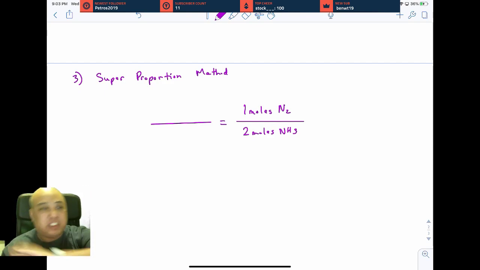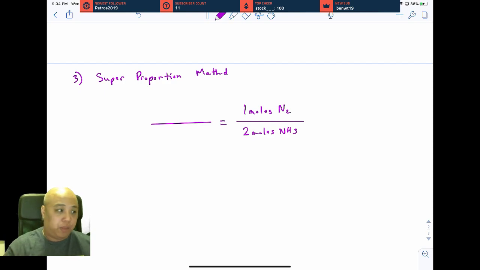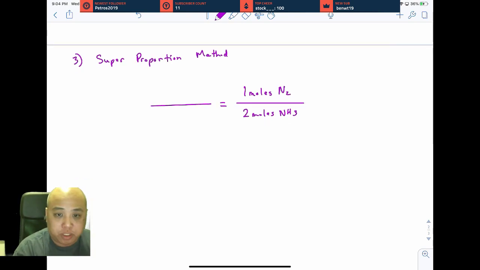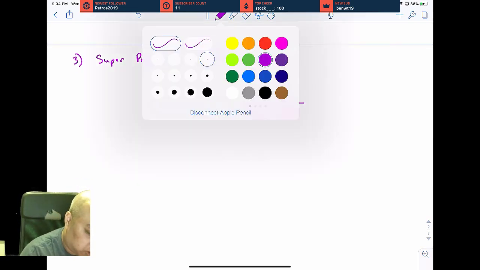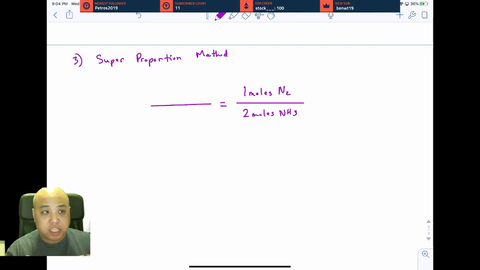The right side of the proportion is every single time, no matter what type of problem it is, a mole-to-mole ratio. Your job in this format is to make the left side of the proportion moles as well, so that you can solve for it. There are a lot of different ways that you can plug values in here, and there are little mini equations that you can do on the side before you plug it in.